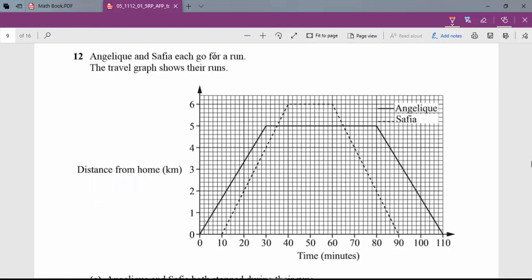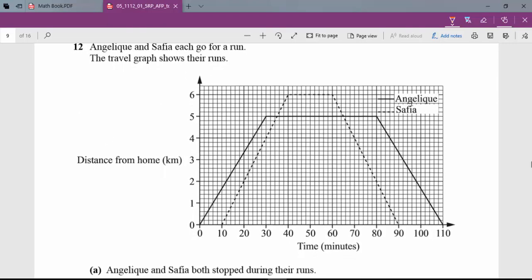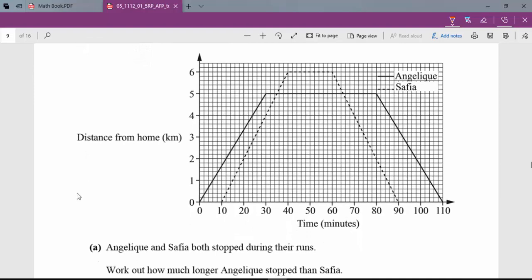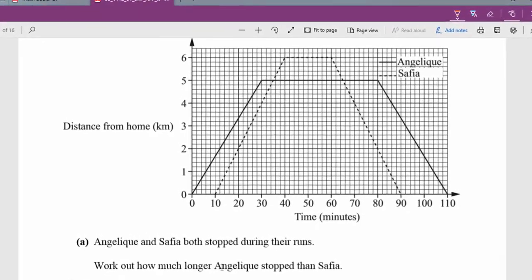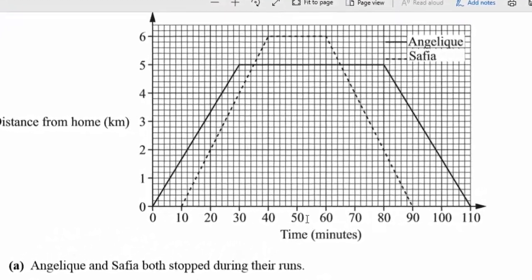Angelica and Safia each go for a run. The travel graph shows their runs. Okay, here is the graph. This black line is for Angelica and the dashed line is for Safia. Angelica and Safia both stopped during their runs. Work out how much longer Angelica stopped than Safia.